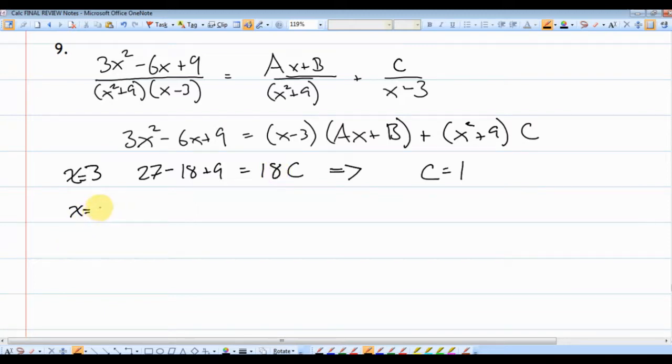Let's go to 0. 9 equals 0 times minus 3, which is negative 3b, plus 9c. We have c, and c is 1. So b equals 0.